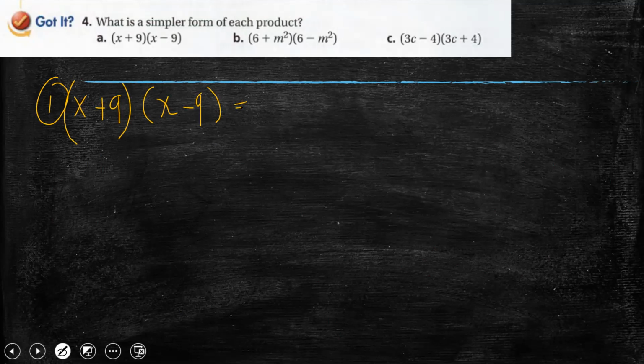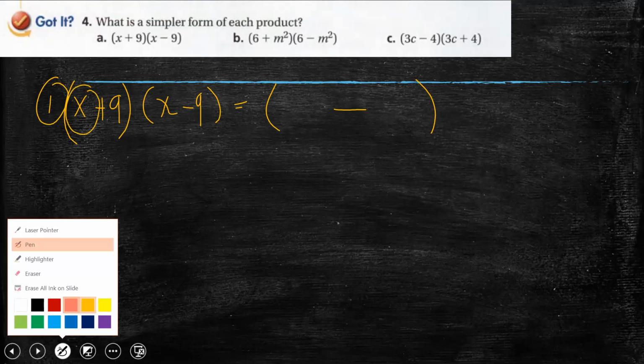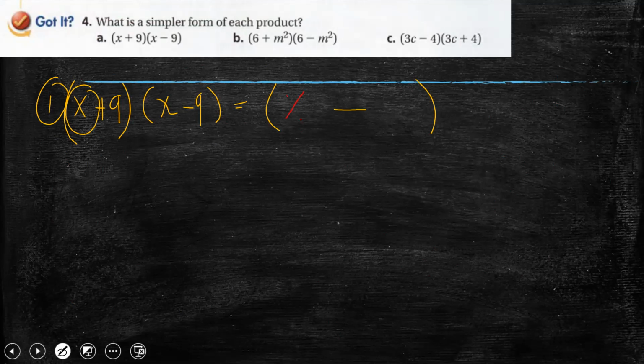They have this difference, so I will write them with a minus between them. Then, what is the square of the first term? X squared. And the second one? 81. Yes. So it will be x squared minus 81.